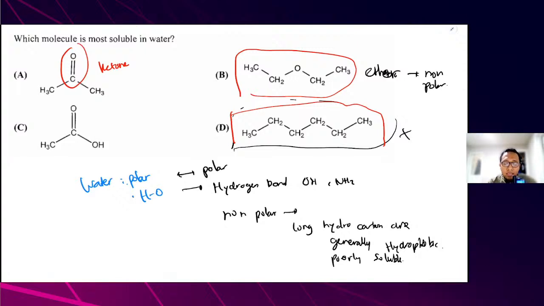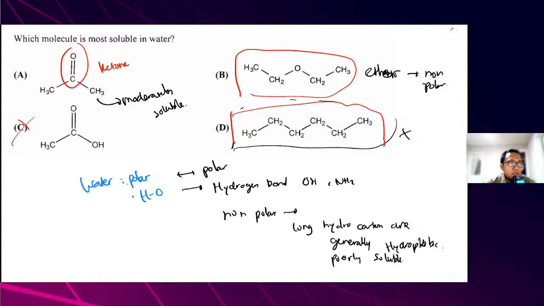However, it cannot hydrogen bond directly with water, so it's only moderately soluble. So in this case, option C is the best answer.